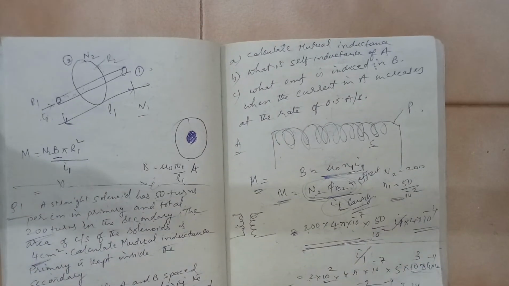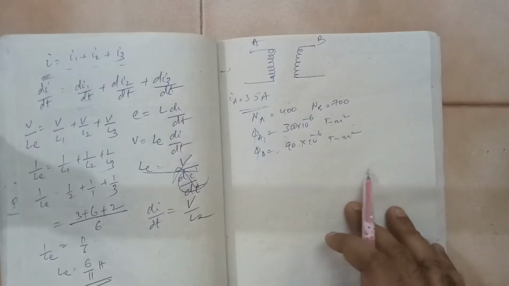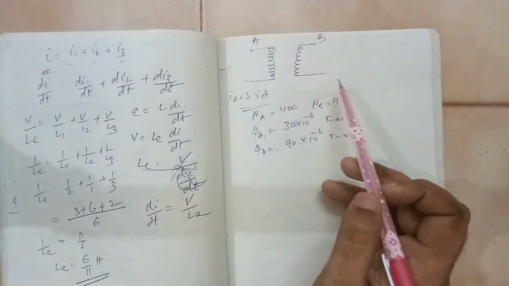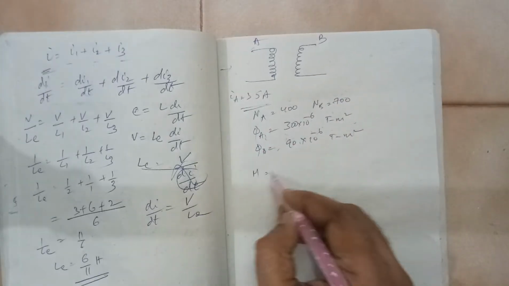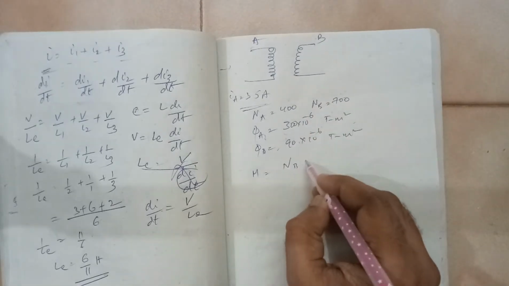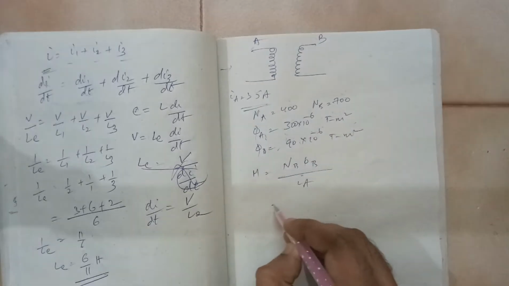The first question says find out the mutual inductance. So when you are passing current through A, the flux of B will be affected. So the mutual inductance, who is affected? B. So we need to write NB phi B. Who is causing it? IA.